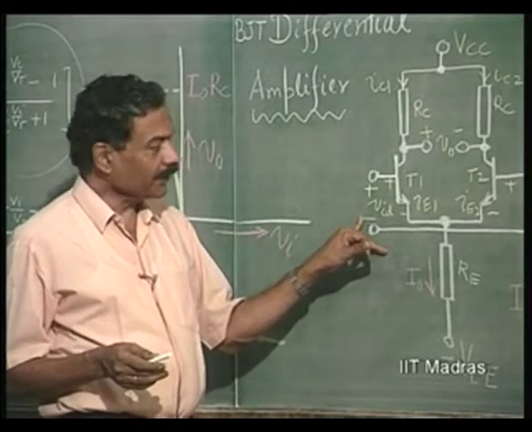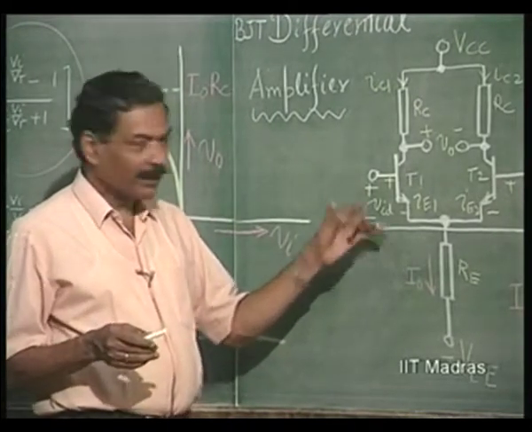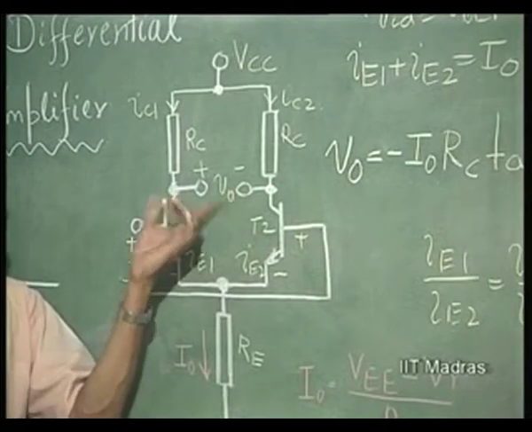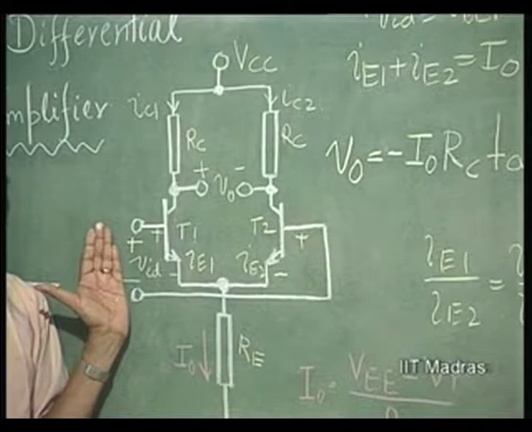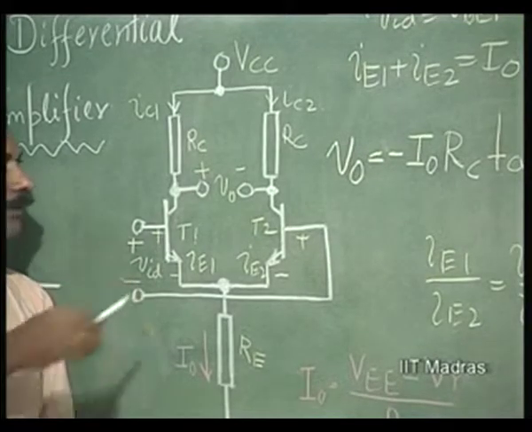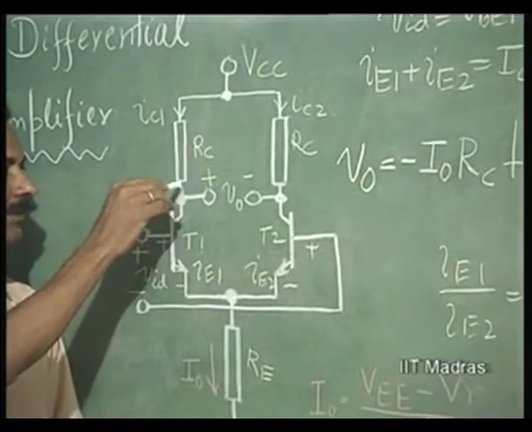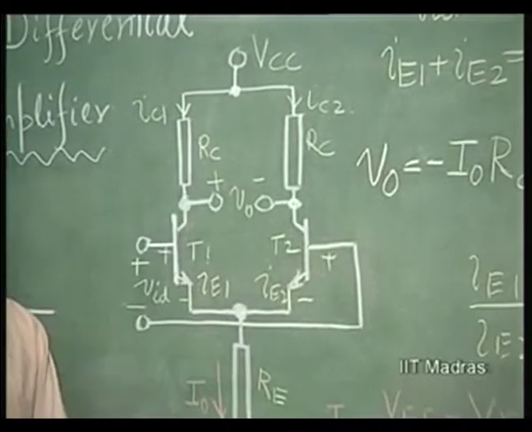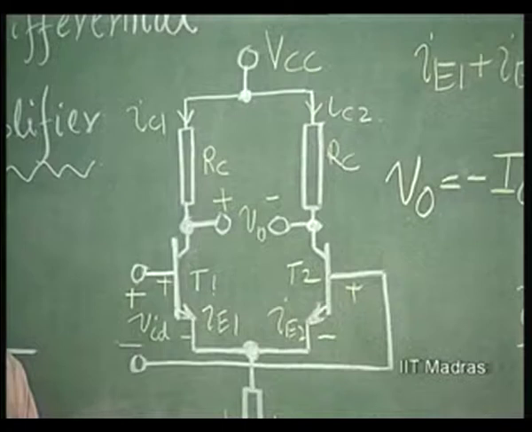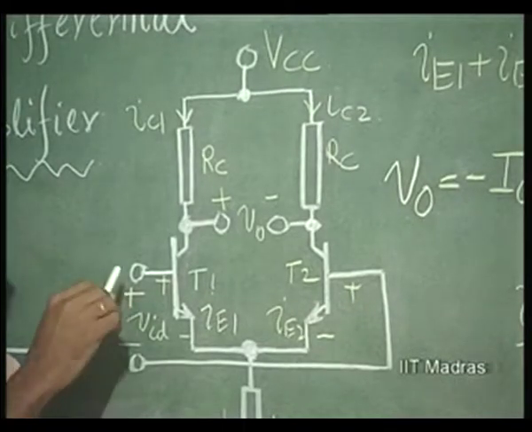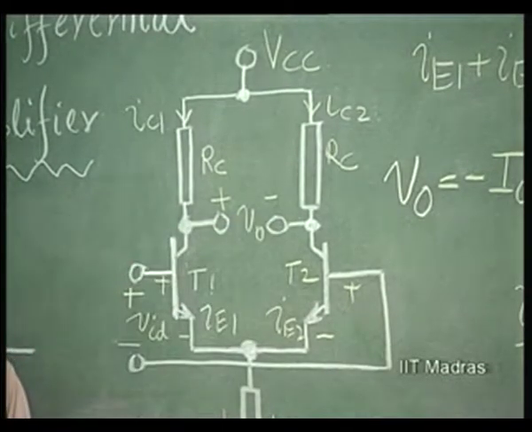How is it obvious for us here? Now, if it is a fundamental that is applied, you have for the fundamental a phase shift of 180 degrees here, and no phase shift between this and this.